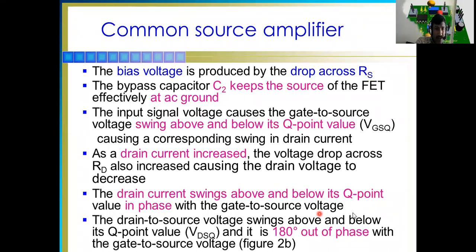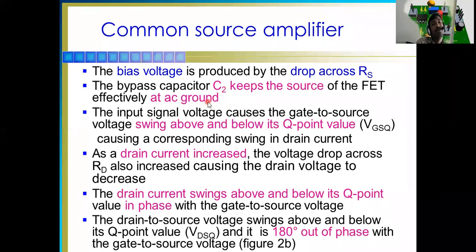So what is here? The Q point value varies between the drain to source voltage, right? And the phase shift is 180 degrees, as we have just seen. The change is that the notation for the source resistor and bypass capacitor is different.